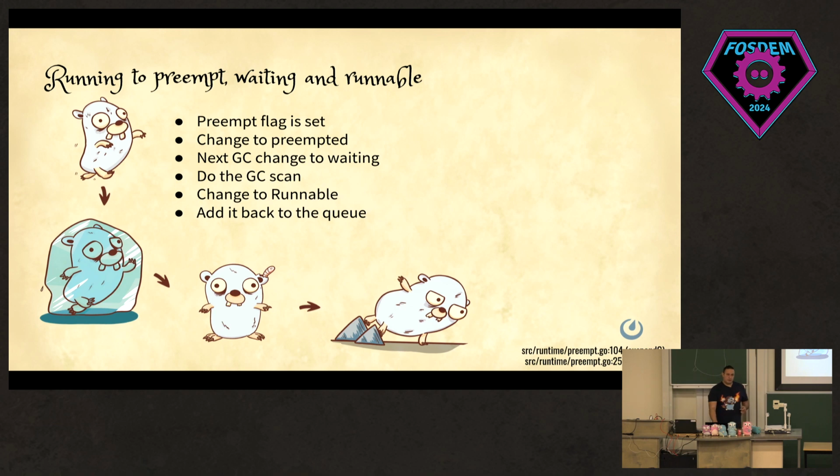That signal is going to mark the goroutine as preempt, so it's going to be moved from running to preempt, and eventually the goroutine itself is going to find the time for moving from preempt to waiting, and after the next garbage collector scan, it's going to move from waiting to runnable again.